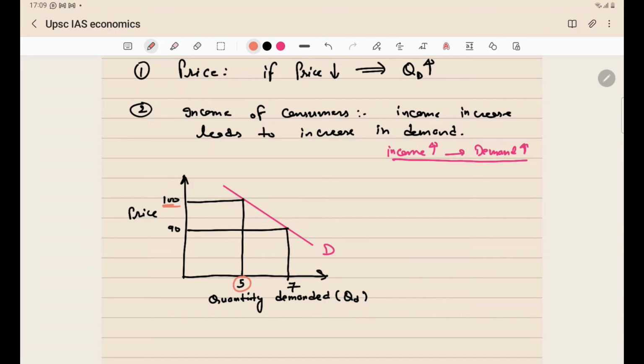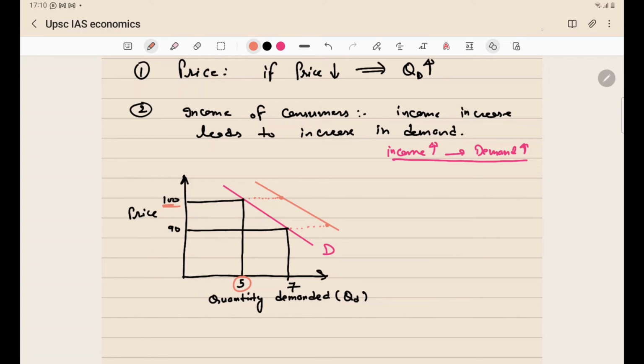Now due to the increase in the income of the person, his purchasing power has increased. Now at 100 rupees he can purchase more quantity, suppose this quantity, and at 90 rupees also he can purchase more quantity. So what has happened now? Now there is a shift in the demand curve rightwards.